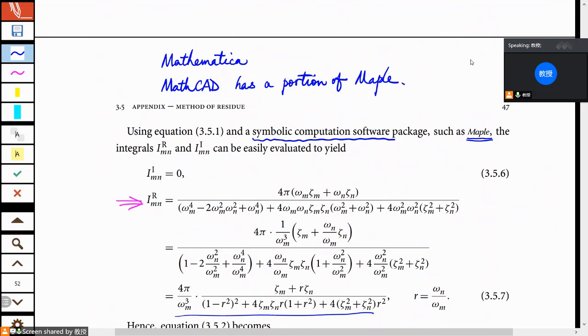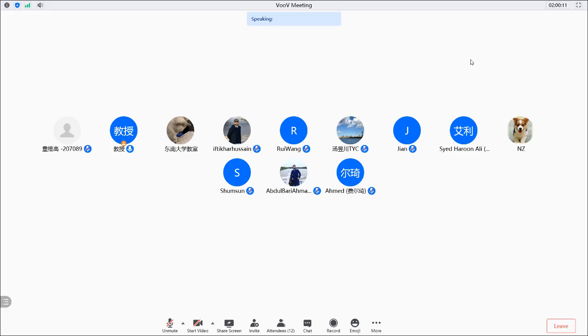random vibration. Now we go into applications of random vibration in earthquake engineering. The next chapter is on seismicity.